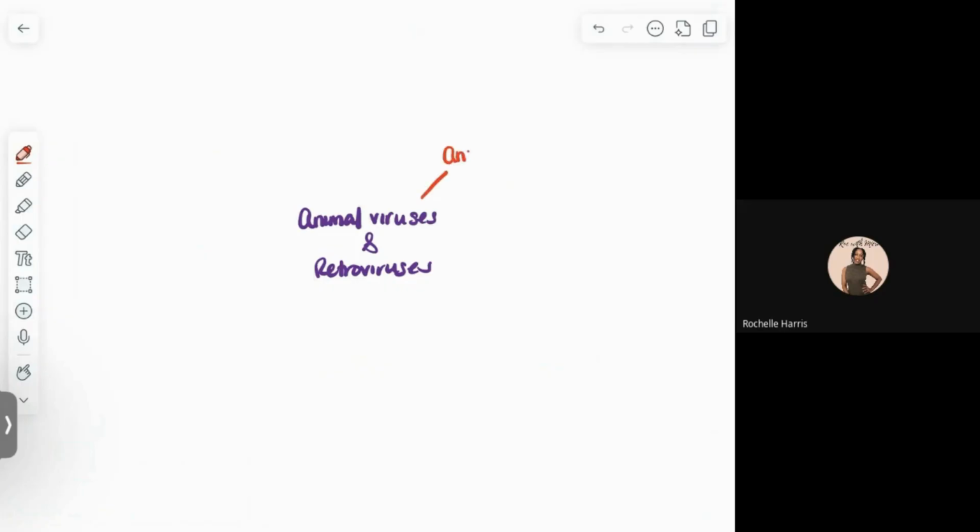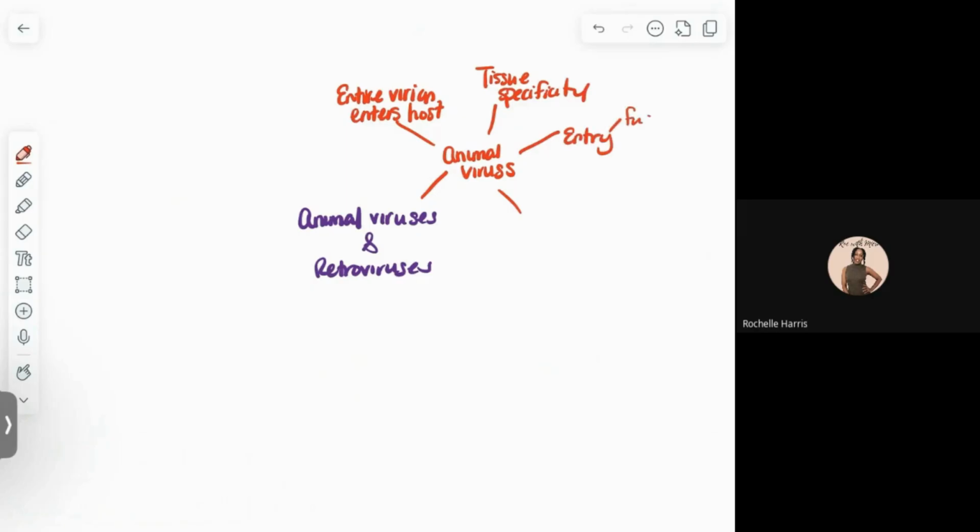Animal viruses differ fundamentally from bacterial phages in both entry and replication strategies. Whereas bacterial phages inject nucleic acid into bacterial hosts, animal viruses typically deliver the entire virion into the host cell. Entry occurs either through direct membrane fusion, common in enveloped viruses such as HIV, or endocytosis, where the host engulfs the virion in a vesicle.